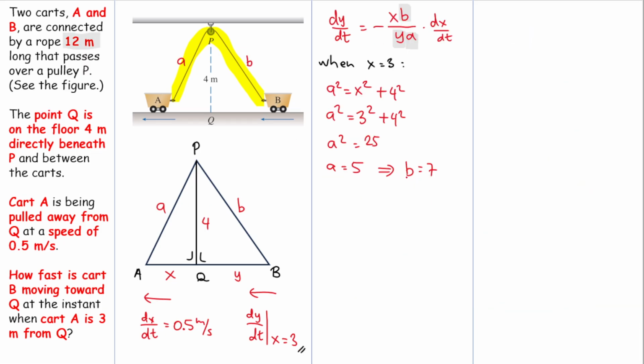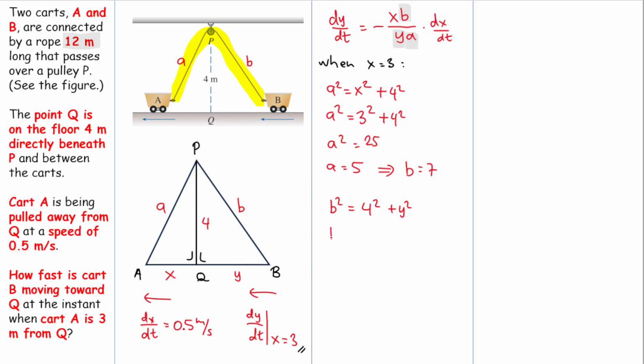So here I will have b is equal to 7. And then if b is 7, we can also calculate y, because we will have b squared is equal to 4 squared plus y squared. That is the Pythagorean theorem at right angle triangle PQB.